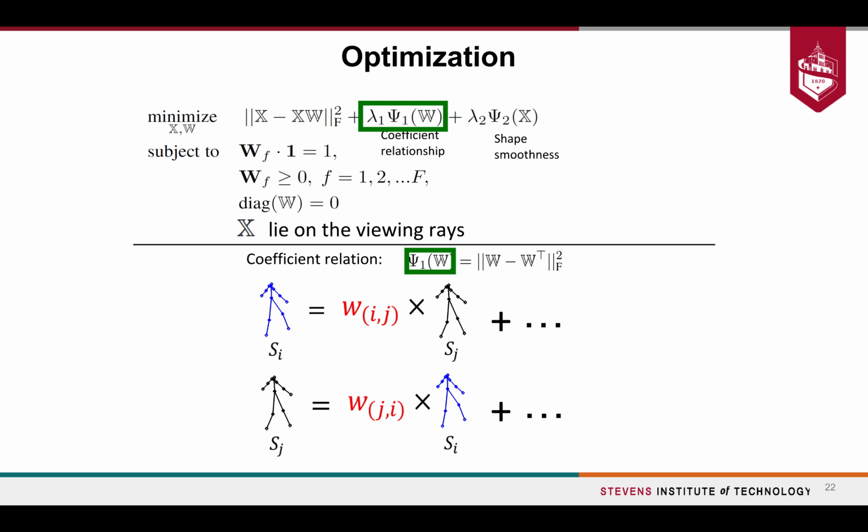The second term uses the coefficient relation. He forces this to be close to symmetric, since the weight is supposed to be symmetric in position: if the frame nearby me is my neighbor, then I should be its neighboring frame too.